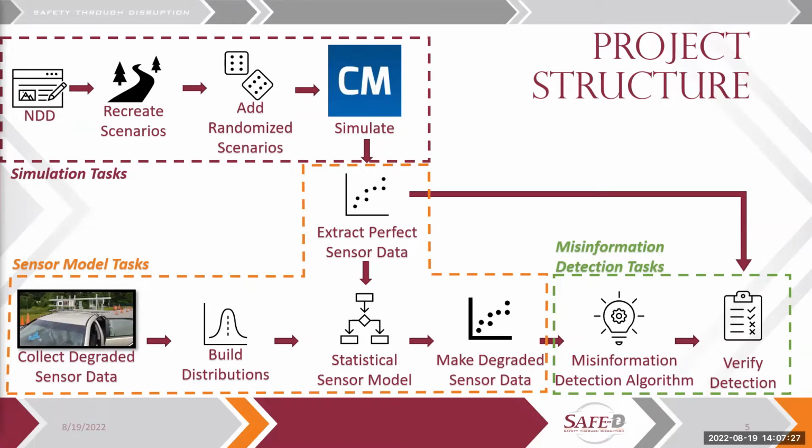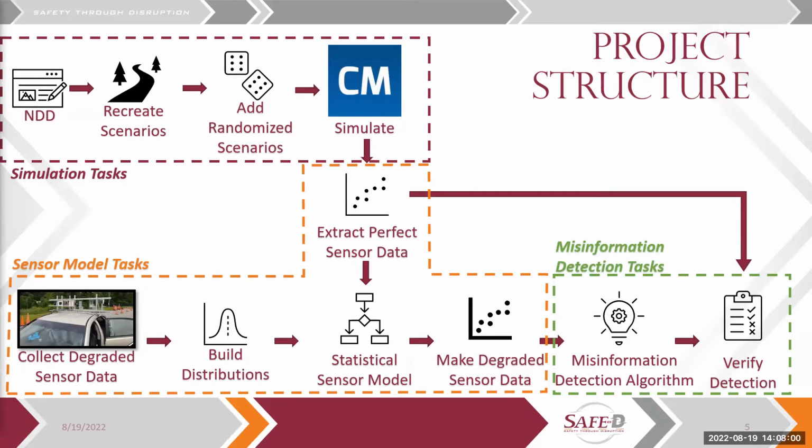And that leads us on to the sensor modeling tasks, where we first collect some development data using actual sensors on the VTTI smart roads. We evaluate that, extract the objects, and build statistical distributions of the different noise and errors that we see in the sensor data, both as a baseline and relative to the degradations that we apply.